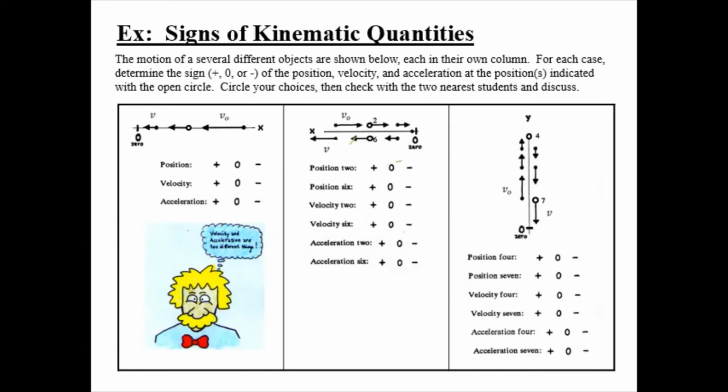A little while later, we look for our next arrow, and we find there's an arrow to the left here, but it's not quite as long. Remember, the length of the velocity arrow is proportional to how fast the object's moving. So in this case, the object's still moving to the left, but it's slowing down. And then over here we see V, our final velocity in the series of arrows. Here the velocity is again to the left, but the object's moving even slower than it was previously.